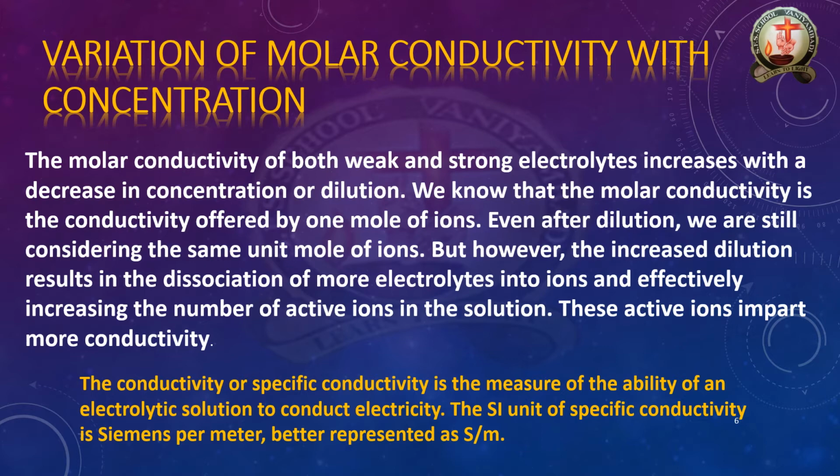We know that molar conductivity is the conductivity offered by 1 mole of ions. Even after dilution we are still considering the same moles of ions. However, increasing dilution results in dissociation of more electrolyte into ions, which effectively increases the number of active ions in the solution.